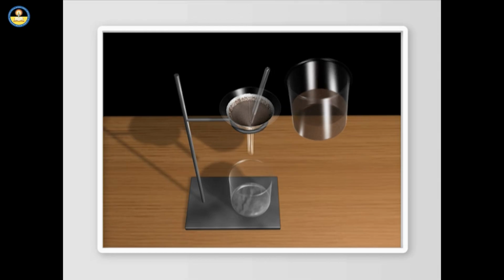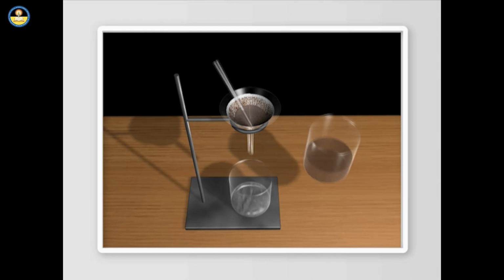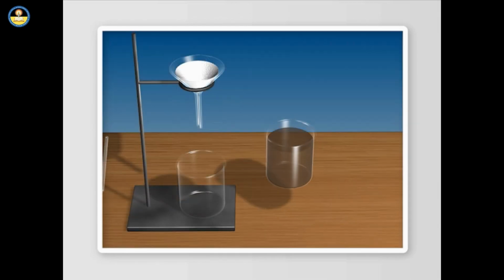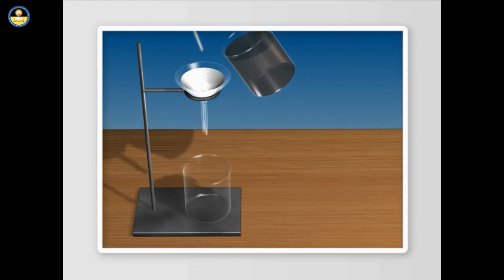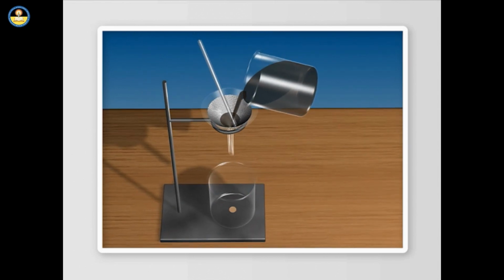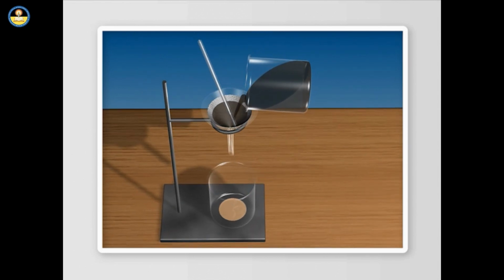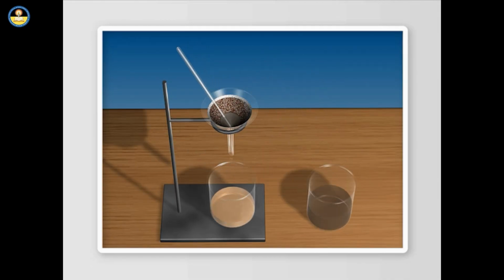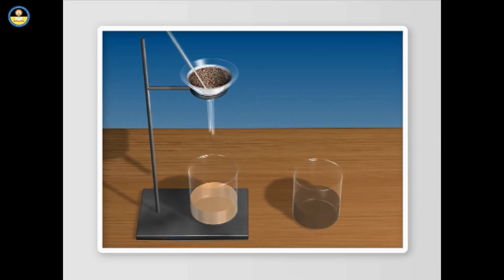This is because sand particles are much larger in size than the pores of filter paper and cannot pass through. The colloidal particles in colloidal solution cannot be separated from water by filtration. This is because the size of colloidal particles is small and they can pass through the pores of filter paper.